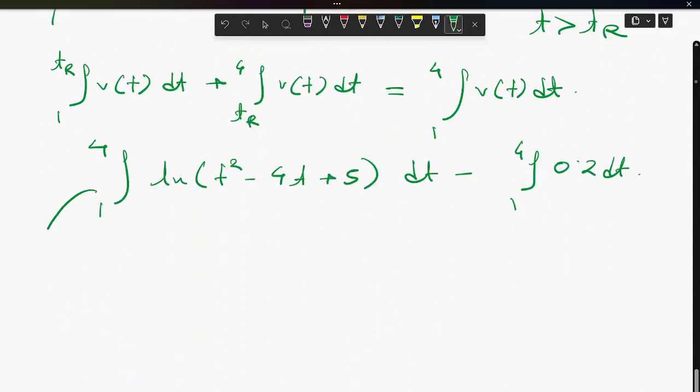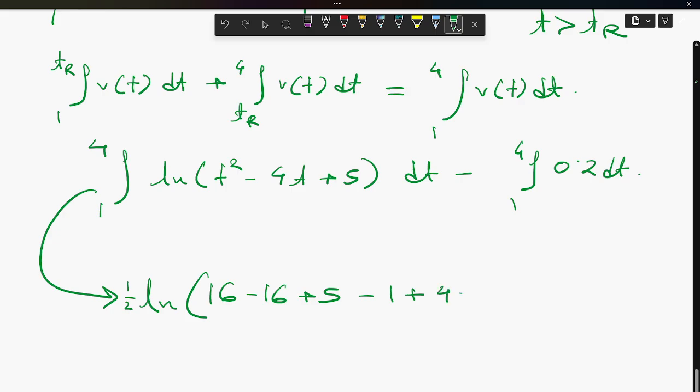So by using the same integral, we would get half outside, ln of 16 minus 16 plus 5 minus 1, then we would get plus 4 minus 5 dt, then sorry, into that will be the same thing, 16 minus 16 plus 5 minus 1 plus 4 minus 5.